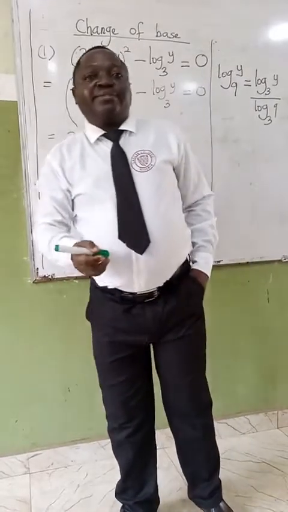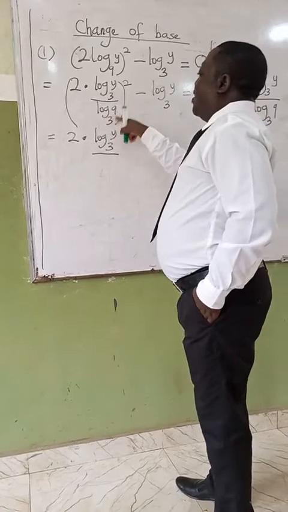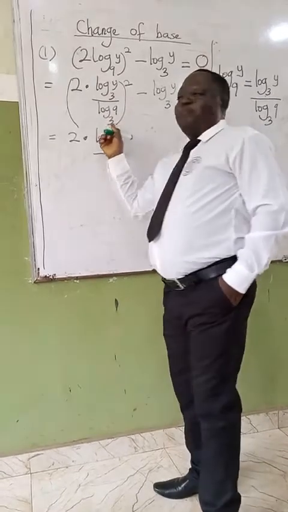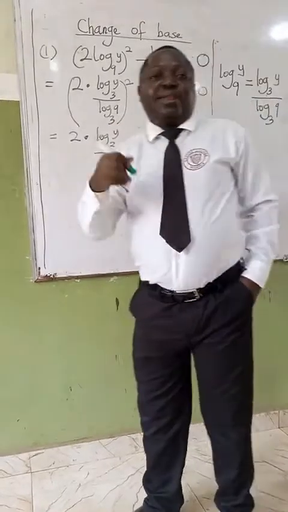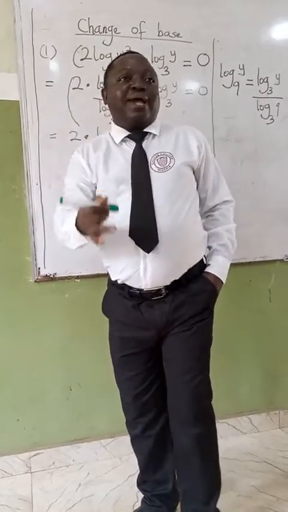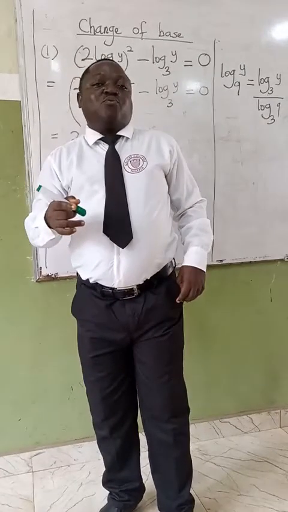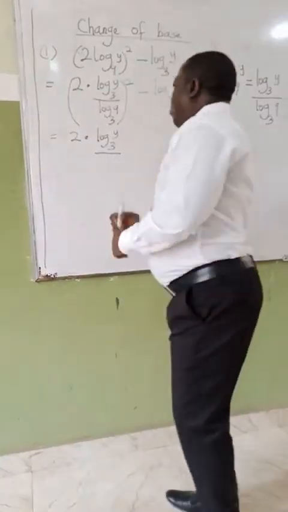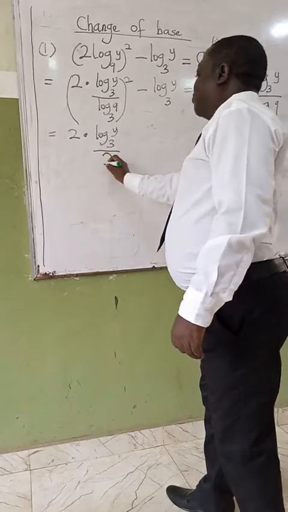How do we do that? Logarithm of 9 in base 3 means what is the power to which 3 must be raised so as to get 9. The power to which 3 must be raised to get 9 is equal to 2. So logarithm of 9 in base 3 can just be written as 2.